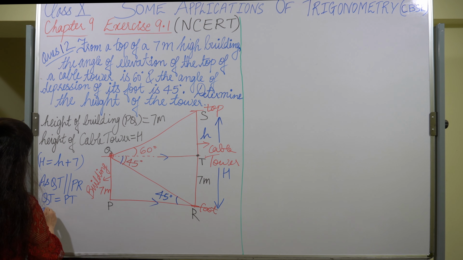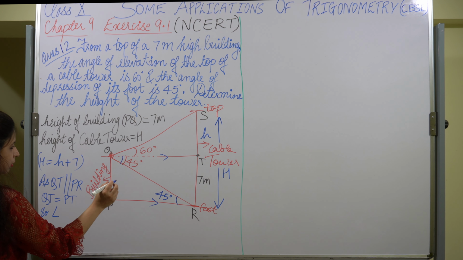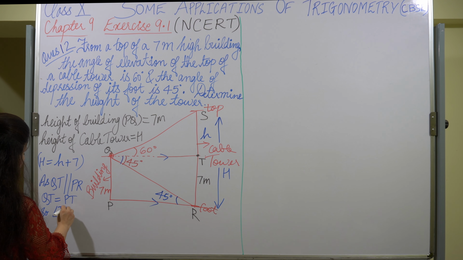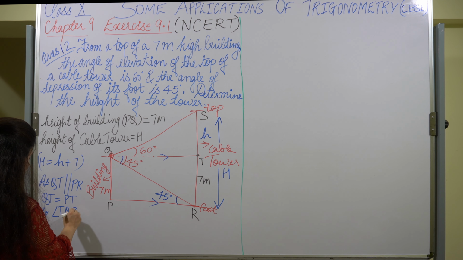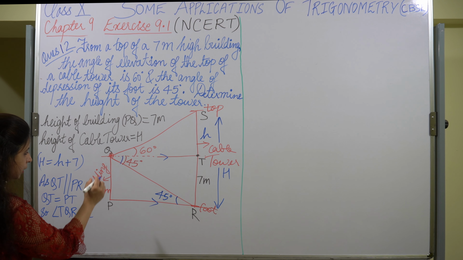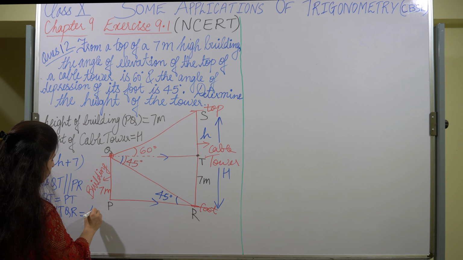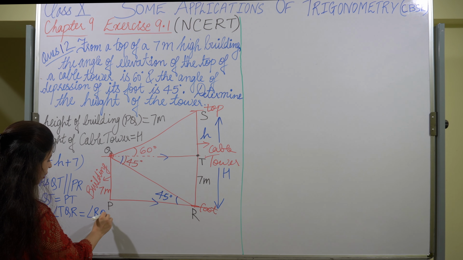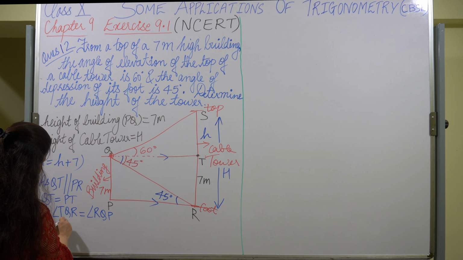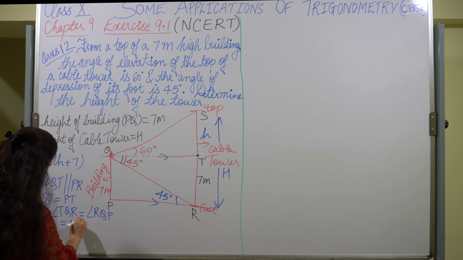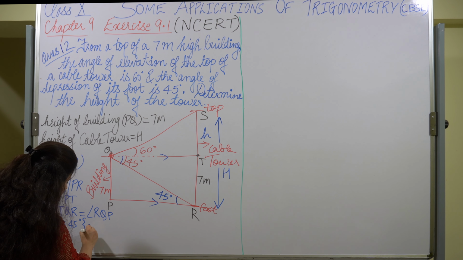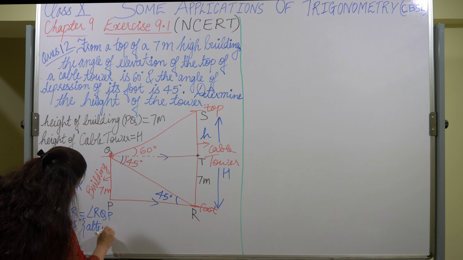So angle TQR will be equal to angle RQP, equal to 45 degrees. You can write the reason also: alternate angles are equal.